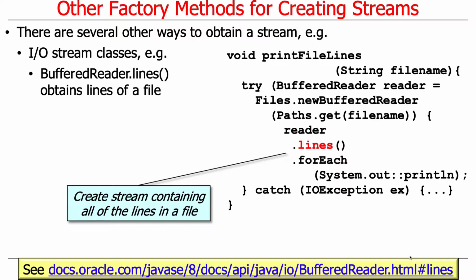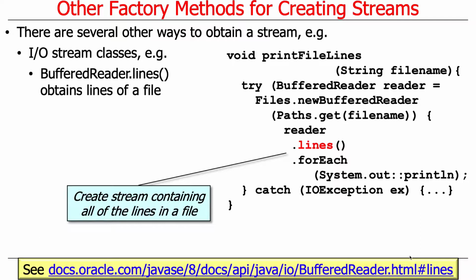So basically what we see here is called printFileLines. We're going to pass in a file name, and we're then going to create a new BufferedReader by saying Files.newBufferedReader, and we pass in the file name to this thing called Paths. That will create ourselves a new BufferedReader.